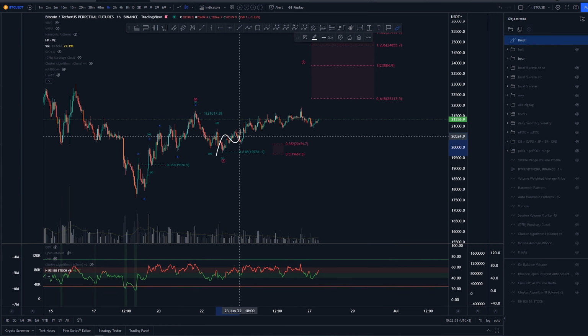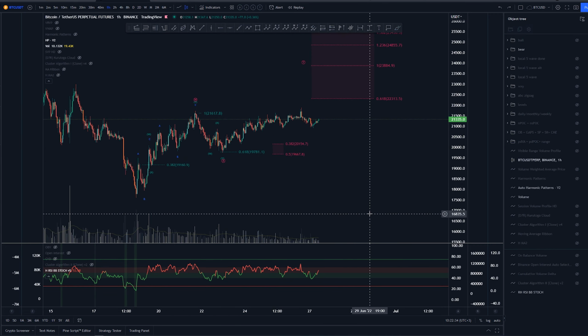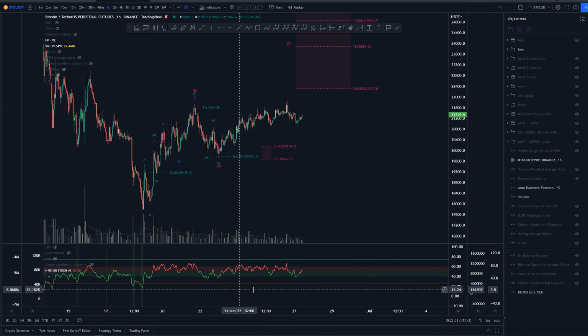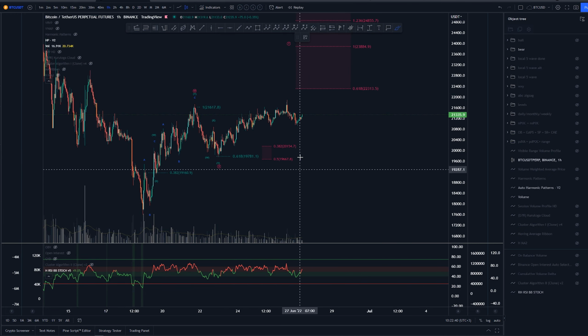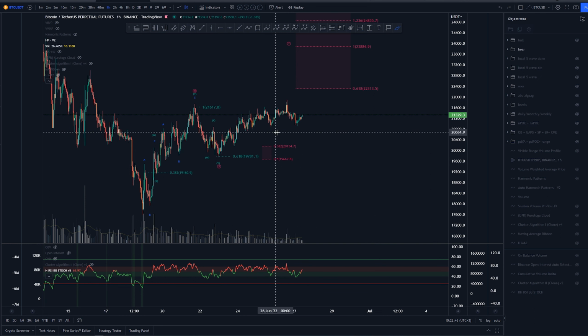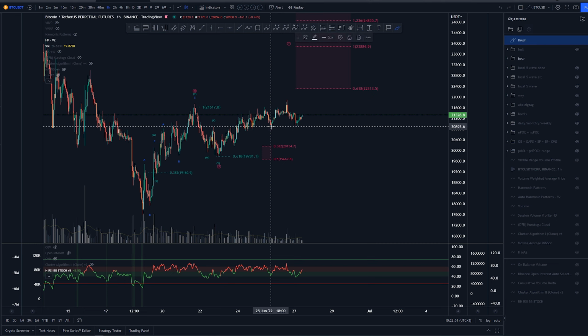Again, this is very overlapping structures. There's not really much going on in price. Not very much on my indicator either saying we have any setups here. We do have some kind of divergence here on 1 hour. I think this is higher.